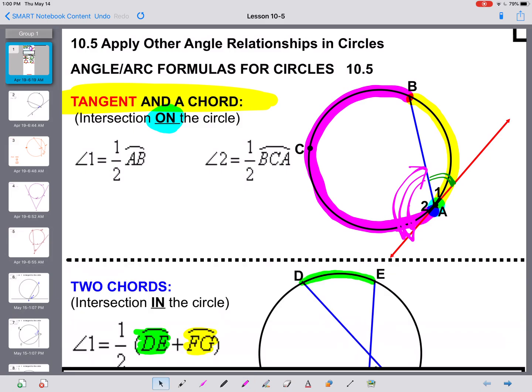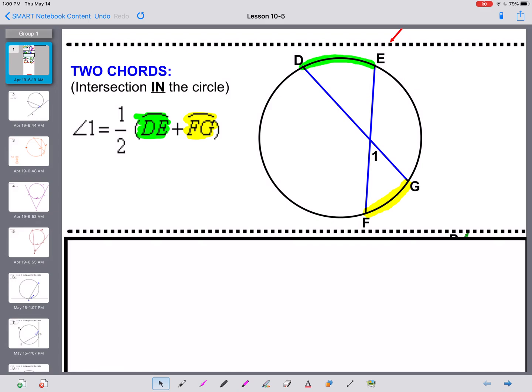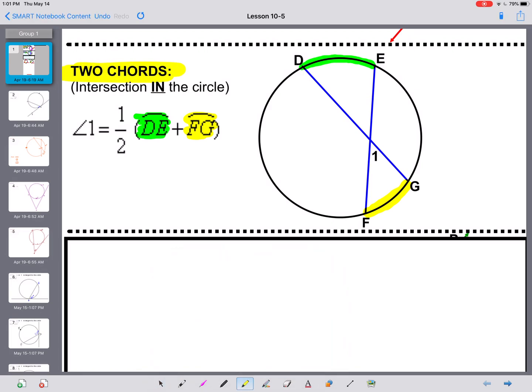Okay, formula two, what do we have? First of all, what type of lines do you see? I see two chords. They're actually line segments. And notice where they intersect. Where do those two chords intersect?